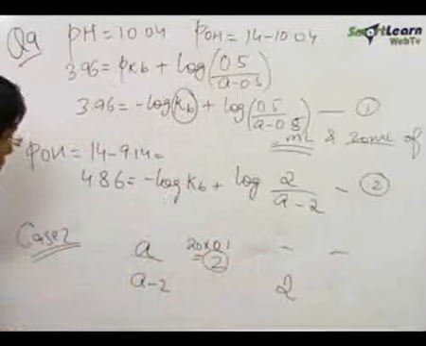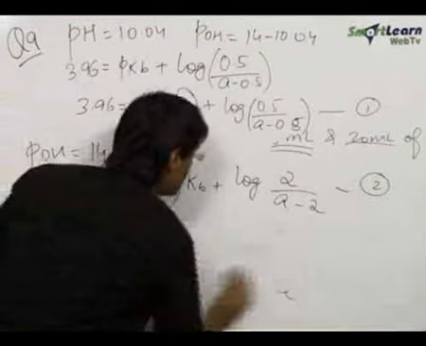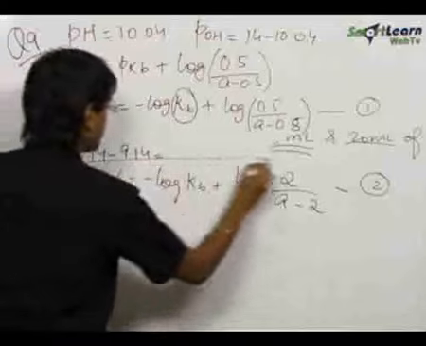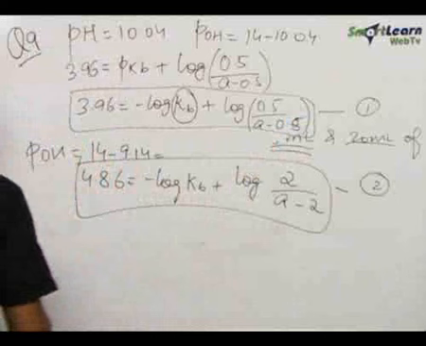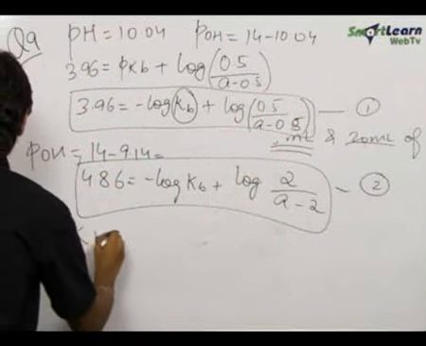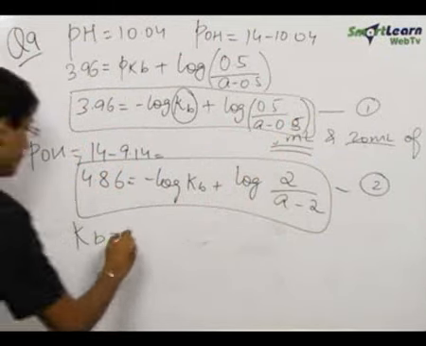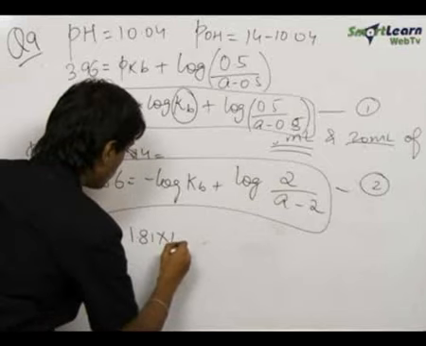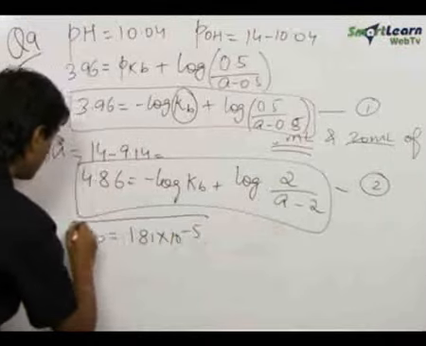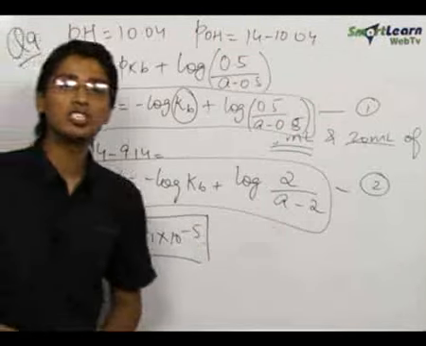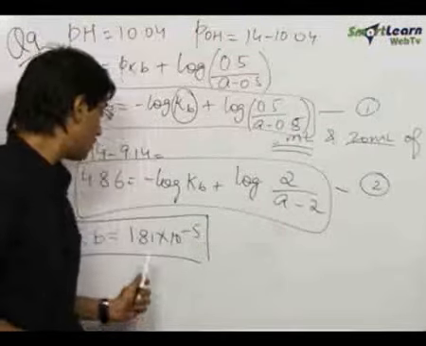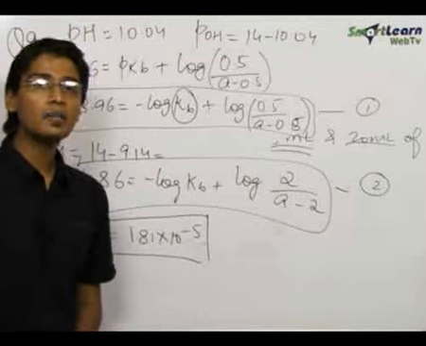This is the second equation. On solving the first and the second equation, we get the value of Kb as 1.81 into 10 power minus 5, and hence our final answer for the dissociation constant for the weak base is 1.81 into 10 power minus 5.